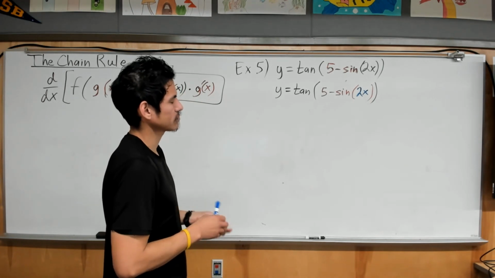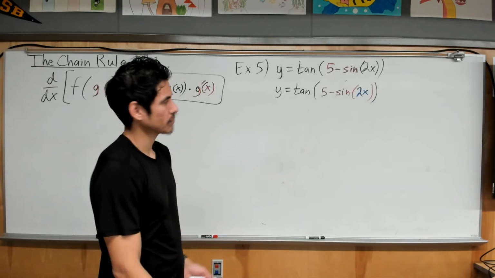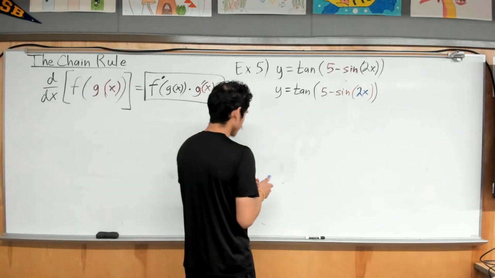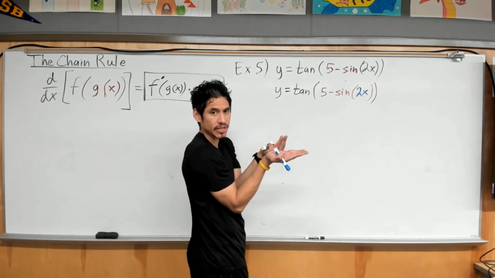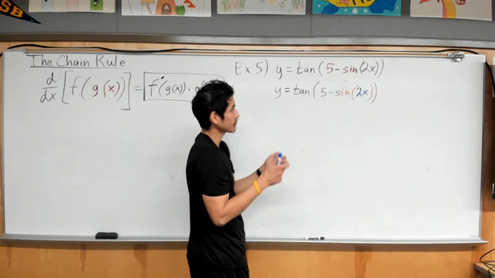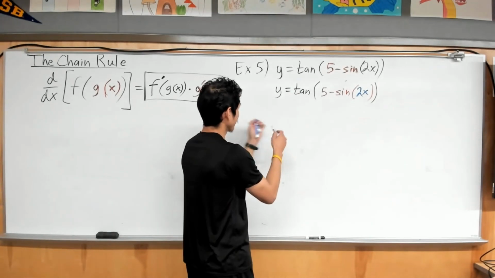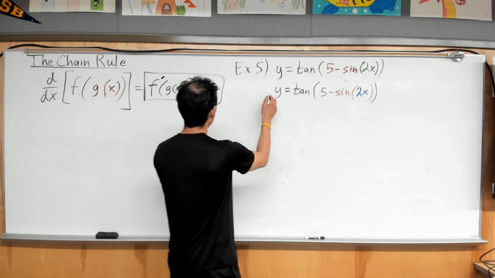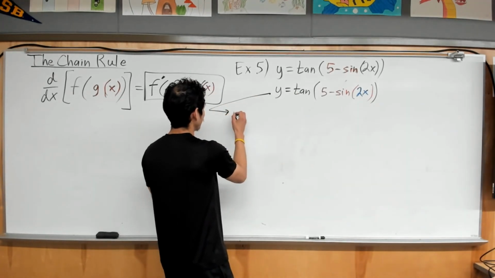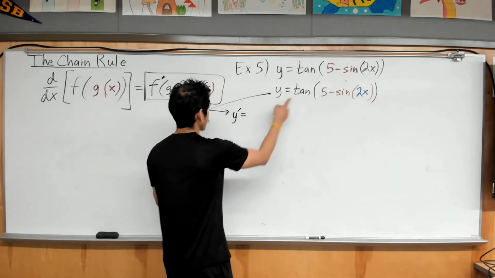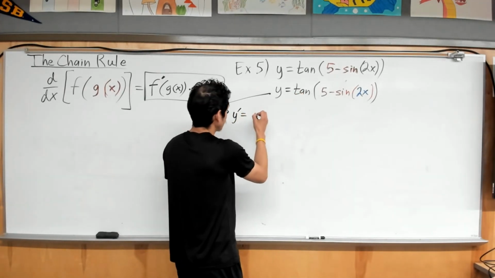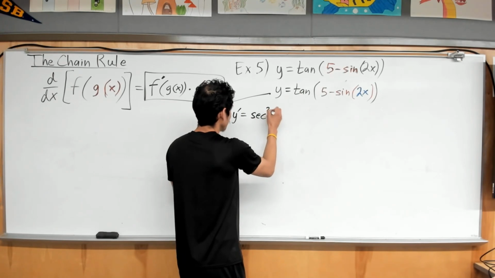Technically you could say you have 3 functions going on here. So, the outside function. I'm probably going to need more space. Let me go over here. So y prime will be the derivative of the tangent function, which is the secant squared function.